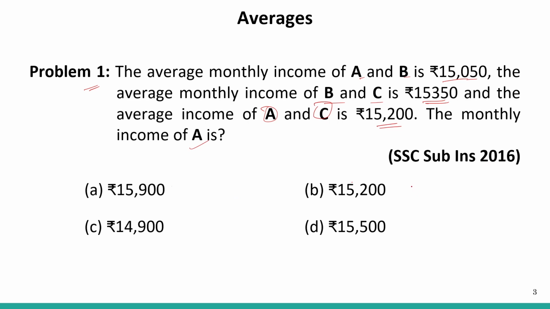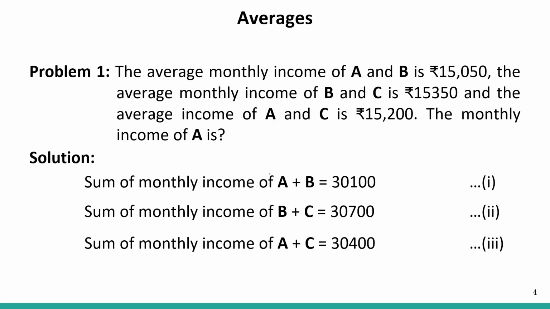So let's go forward with the solution. Given that the sum of monthly income of A plus B is equal to 15,050 into 2, right? And the sum of monthly income of B plus C is equal to 15,350 into 2, right?